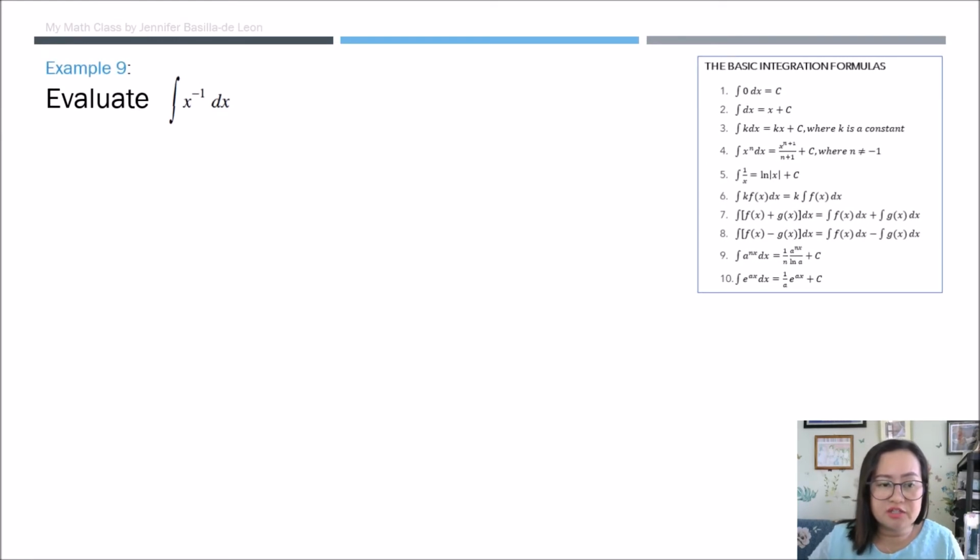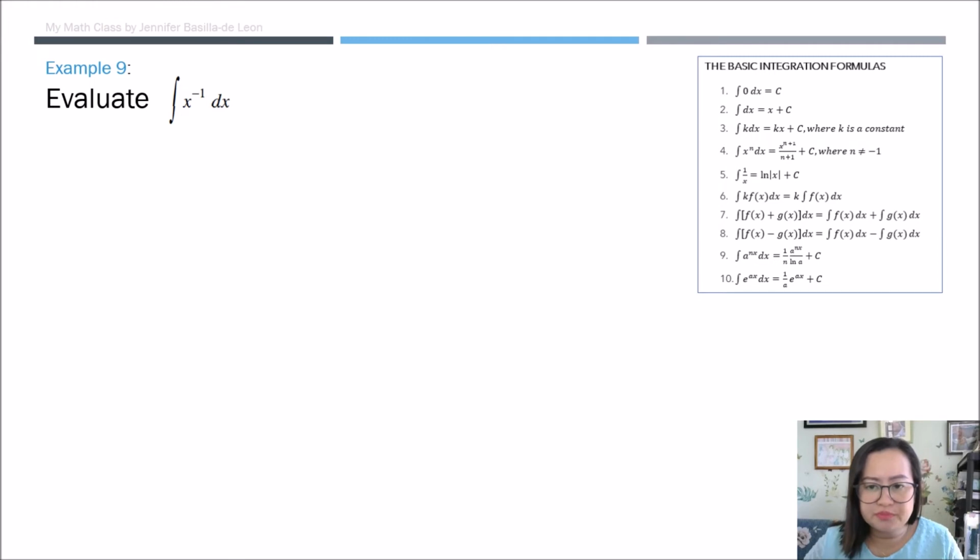9. Evaluate the antiderivative of x raised to negative 1 dx. Now as you can see, if we will apply rule number 4, we will have an exponent of 0 after simplifying the expression.